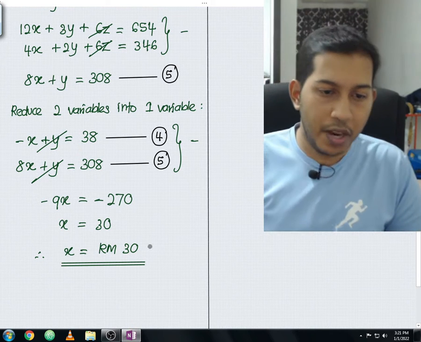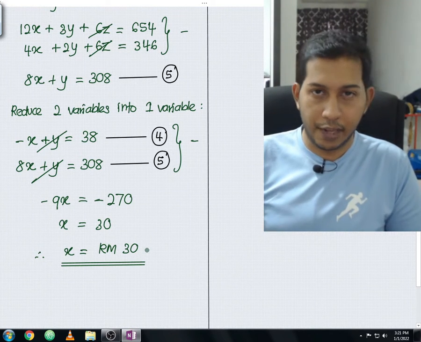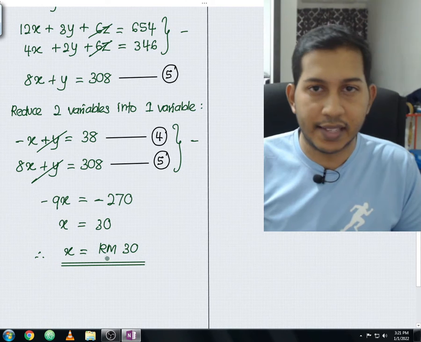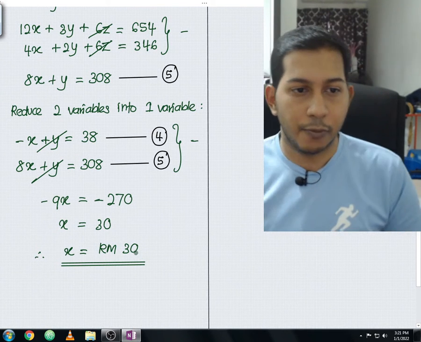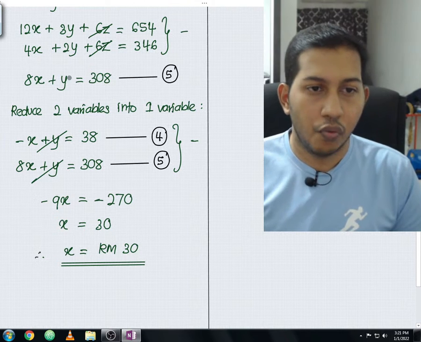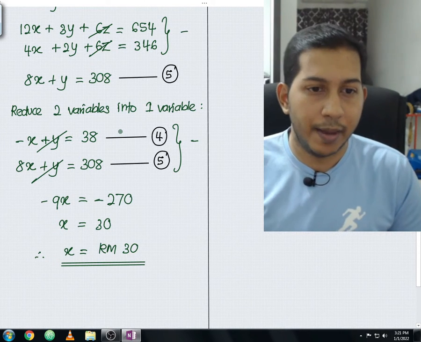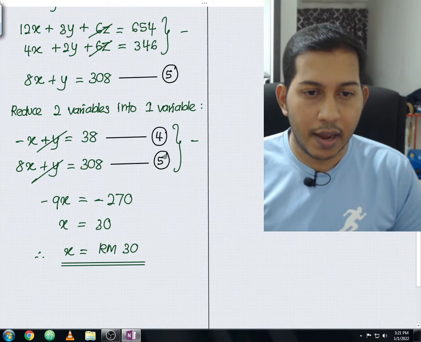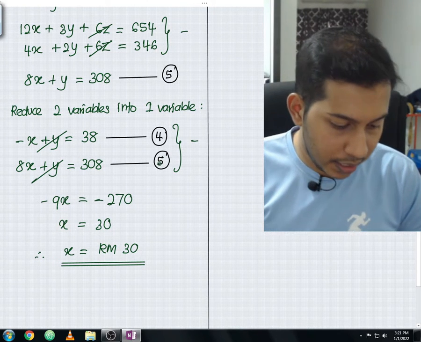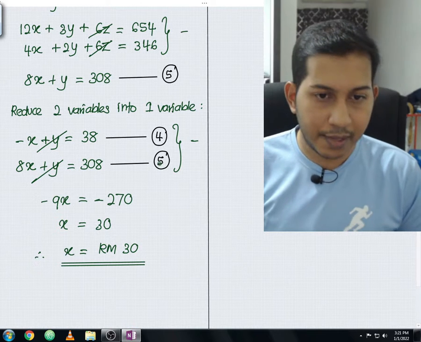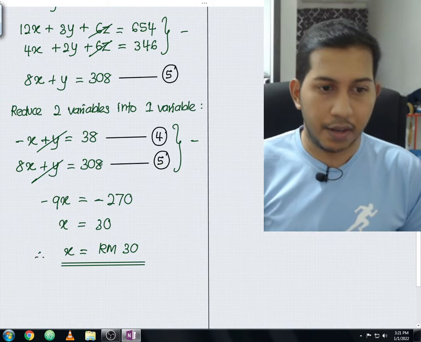Okay, so once you get this x value, the next step is you can use this x value to find the next variable, which in this case is the y variable. So how to find the y variable? You can choose to substitute either the equation 4 or equation 5. So in this case I choose to substitute into the equation 5.